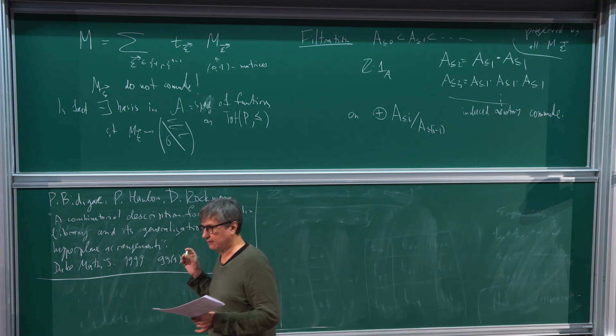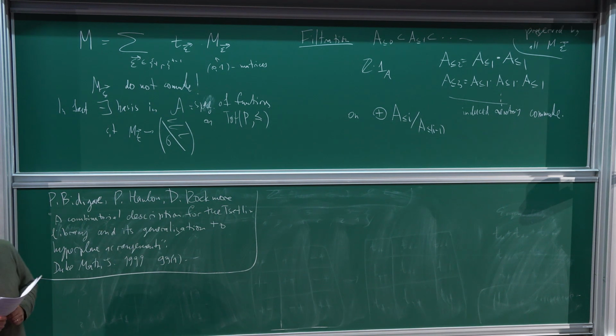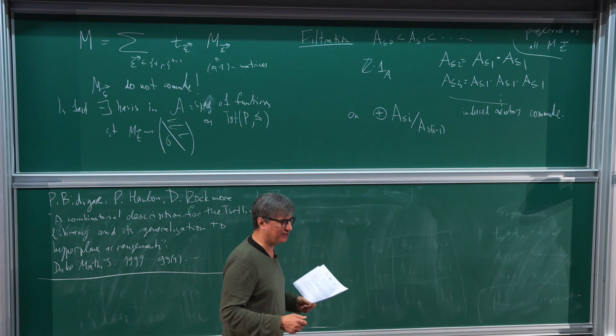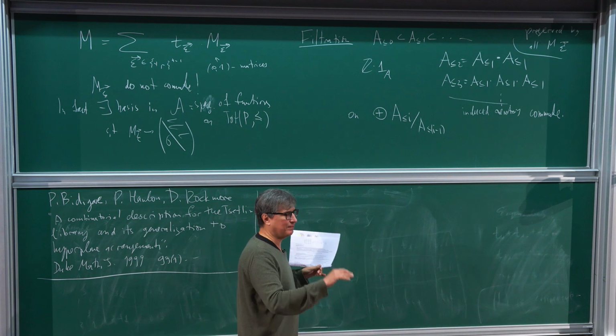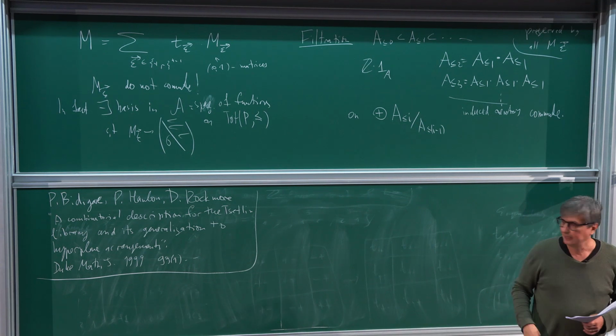But still I'm giving a talk today, and why? Because we were completely ignorant. We didn't know this paper, and we have a different argument which is much more general. So even hyperplane arrangements is not the ultimate generality.